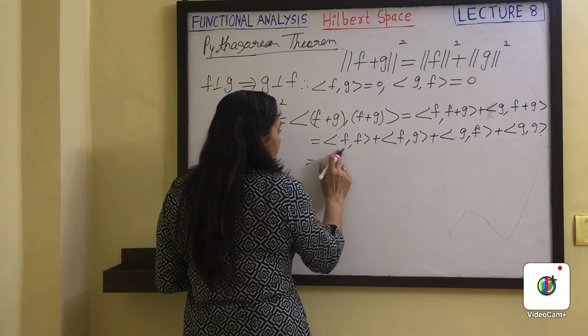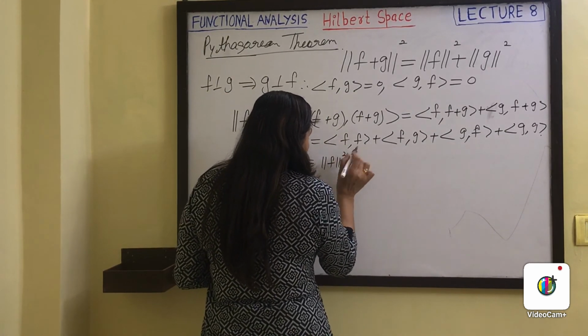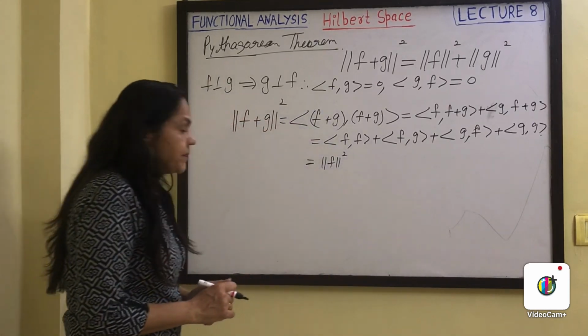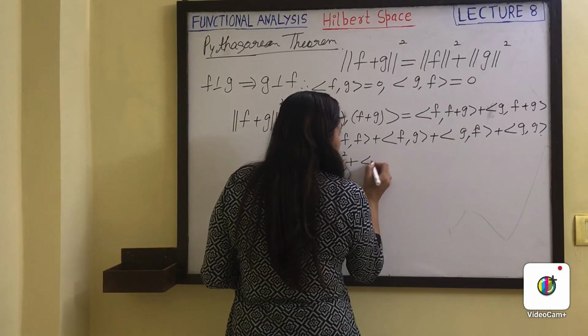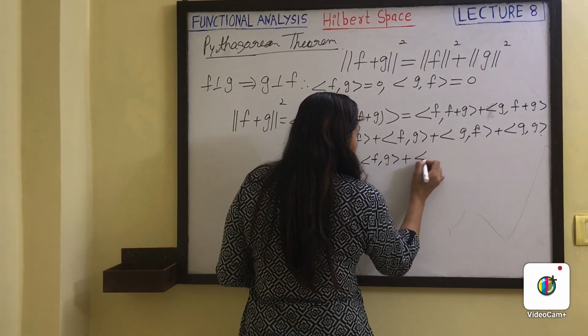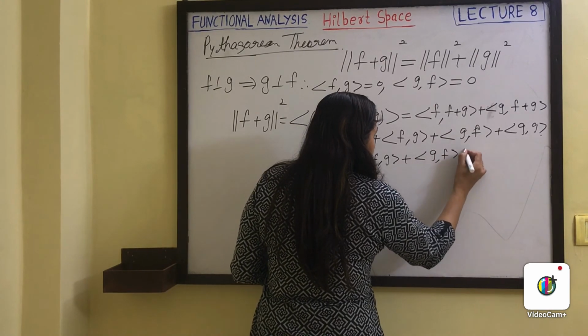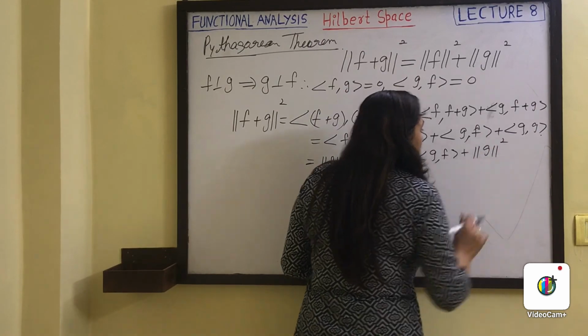Now f comma f can be written as norm f squared, plus the cross terms, plus norm g squared.